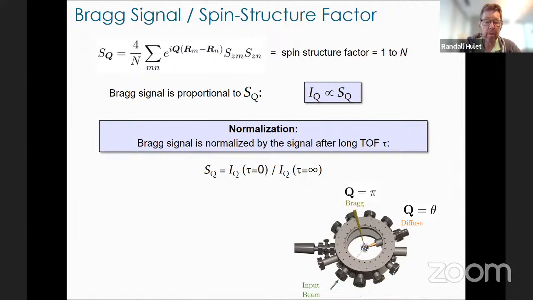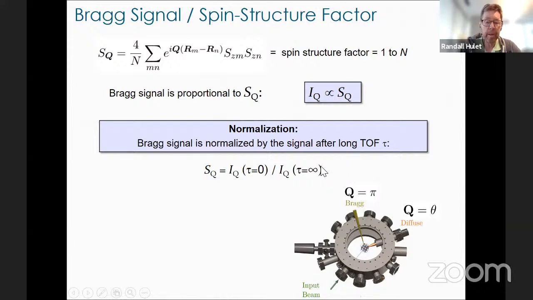Eventually, with enough time of flight, you only see the diffuse light scattering from this cloud of atoms, which is unordered. And so you can use that diffuse light scattering to normalize the signal that we get at zero time of flight to the signal that is just diffuse scattering at long time of flight. Does that help?